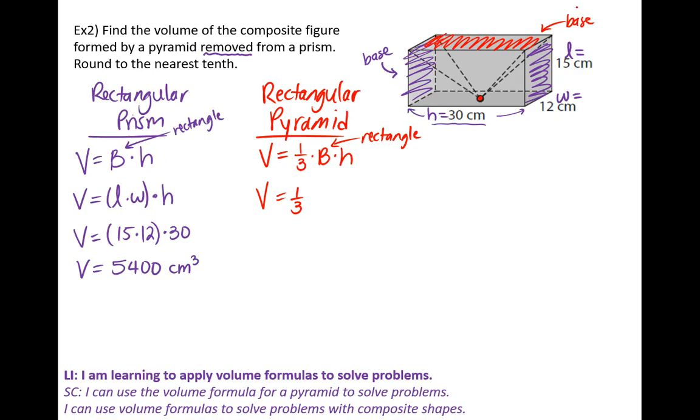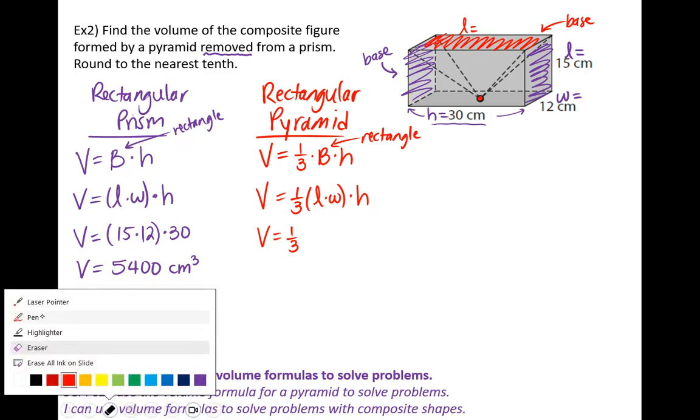And then for that, because it's a rectangle, I'm going to need length times width. And then I'll need the height of the pyramid eventually here. So let's see if we can figure out length times width. So the length, I believe, would be the 30 across. So this is my length, 30 across that rectangle there.